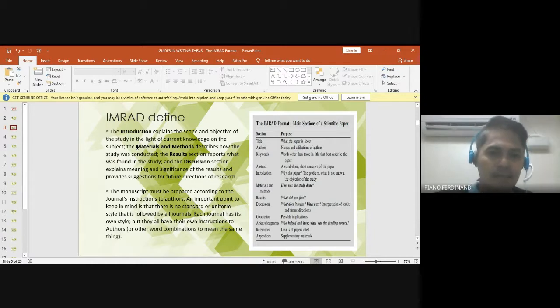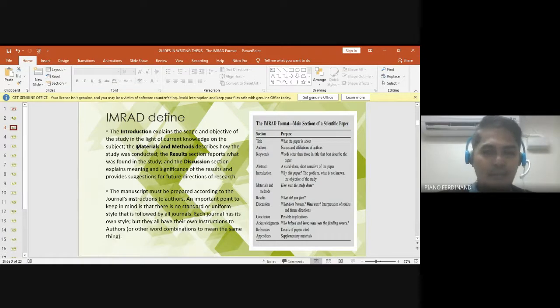Okay? The manuscript must be prepared according to the journal's instructions to authors. Like I said, no? So yung content po talaga ng ating research ay nakadepende po sa research journal na pagpresenta natin ng ating research paper. Kasi bawat research journal may kanya-kanya silang unique design or unique na template na ginagamit.